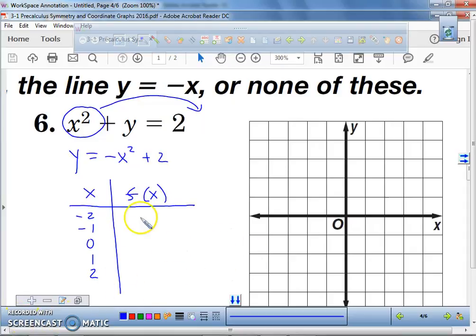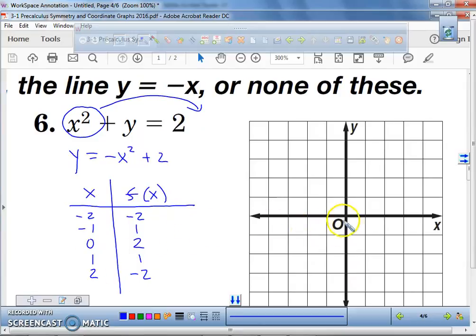All right, Elise, what are my y values? For my x value negative 2, what's my y value? Negative 2. How about negative 1? Okay, 0. Good. 1, and then back to negative 2. So these are the points we're going to use.